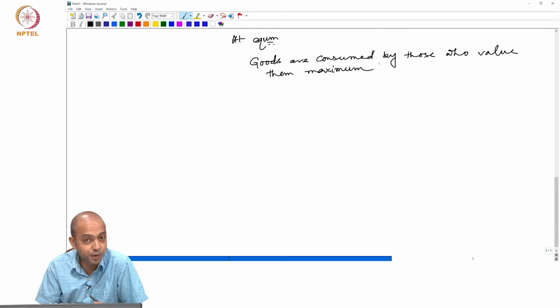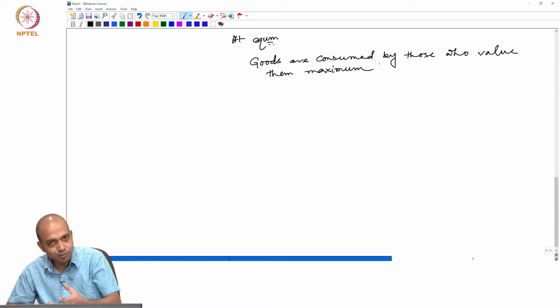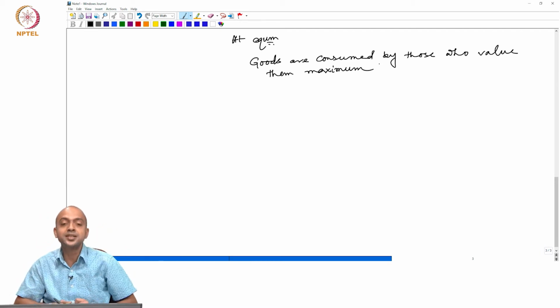Who value them maximum. Why am I saying this? Because if your valuation for the good is less than P star, you cannot buy the product, you have to simply exit from the market.